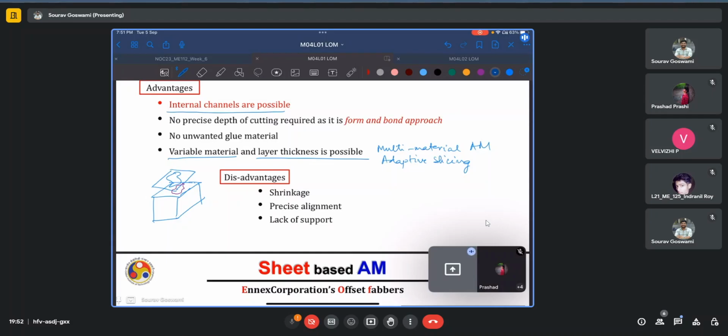However, because of sintering, some shrinkage will be introduced, which has to be accounted for in the pre-processing stage itself. The alignment becomes a big challenge because once the parts are separated, we may lose our reference points, and realigning the parts later can become difficult. And again, because of the form and then bond methodology, there is a lack of support structures.